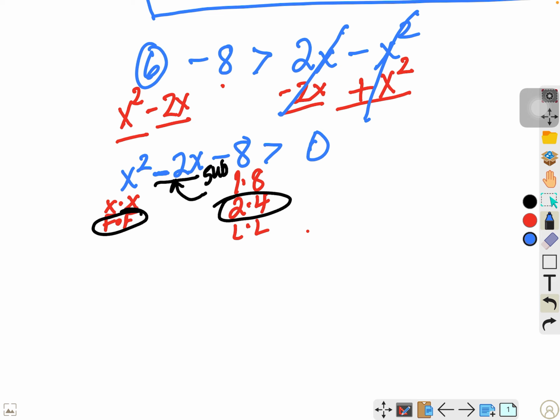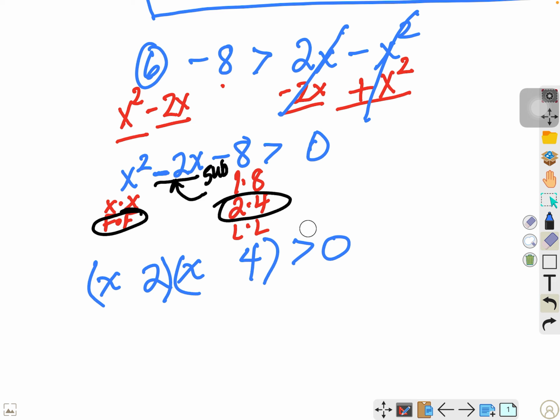So now I factor this trinomial, and I place my x times x in the first terms of each binomial, and I place the 2 and the 4 in the last terms of each binomial, and I need my sign rules again.